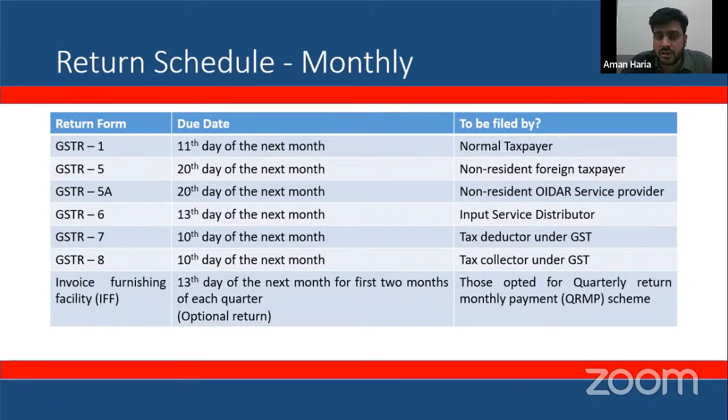So for example, for April, if they want to file an IFF, they need to file it by 13th May. For May, it will be 13th day of June.